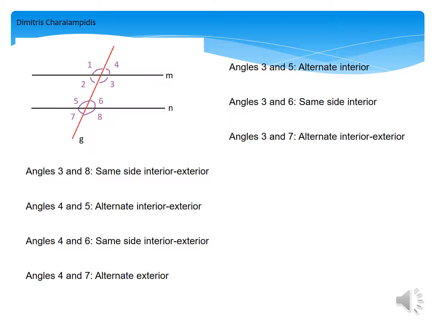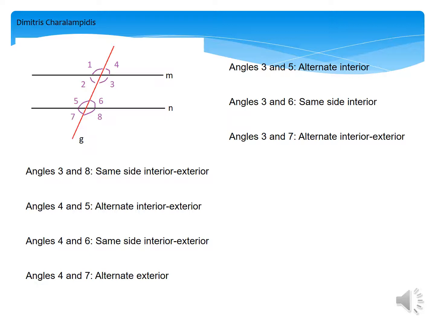Angles 3 and 7 are alternate interior-exterior angles. Angles 3 and 8 are same side interior-exterior angles. Angles 4 and 5 are alternate interior-exterior angles. Angles 4 and 6 are same side interior-exterior angles.